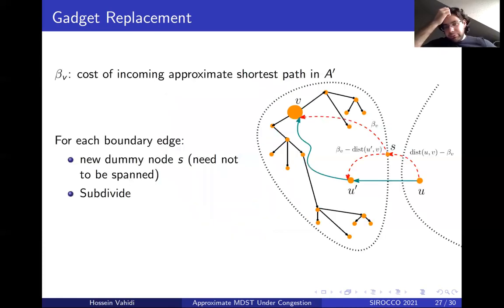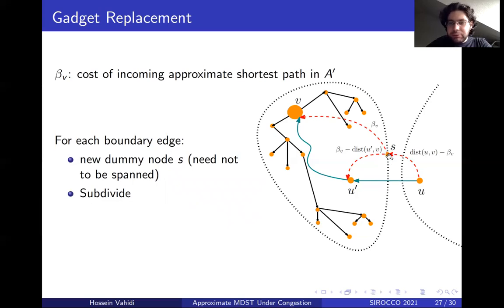So here, what we want to do is that we pick all these border edges U to U prime, such that U is outside the ball and U prime is inside the ball. And we're going to subdivide this edge and add these red edges to the graph with the respective cost. And for this node here that we created, it's a new node.